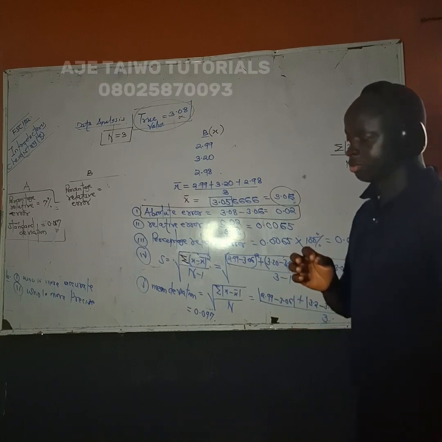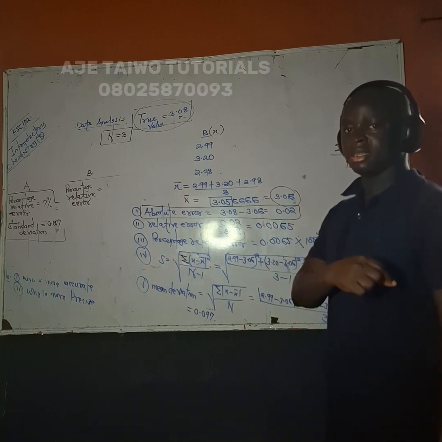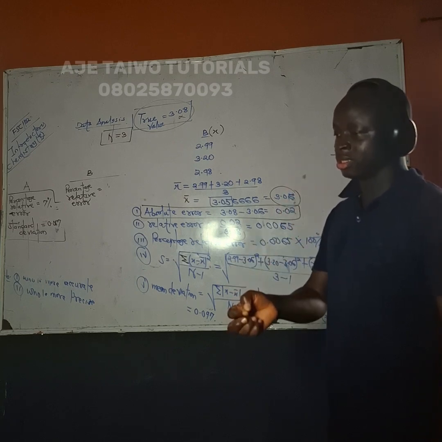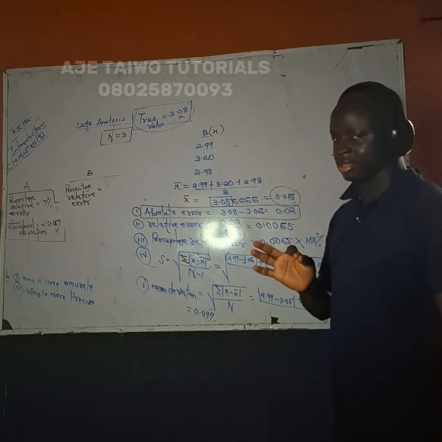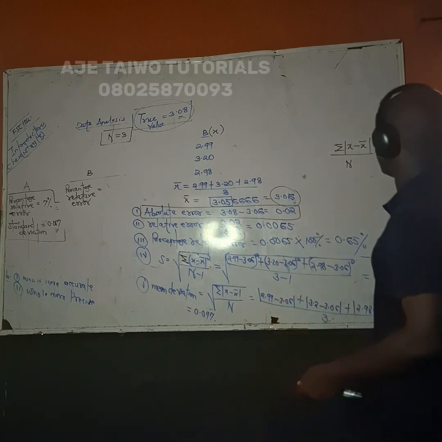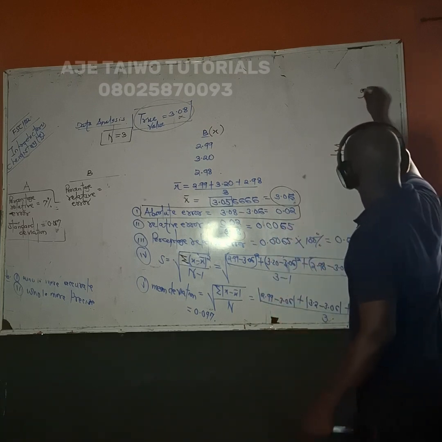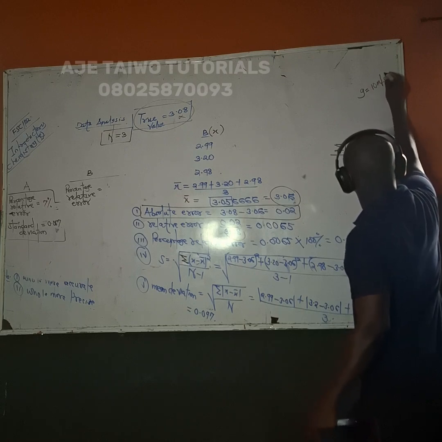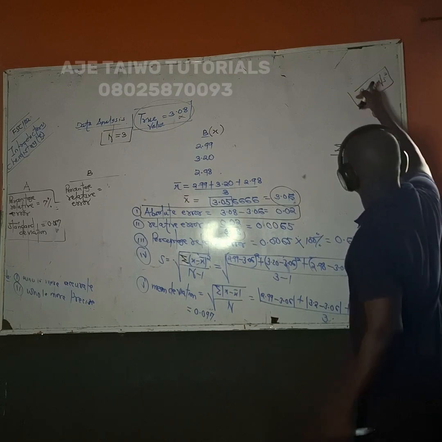That was why I told you precision is more important than accuracy. If you are in the lab, you have to find the value of g. The true value of g is 10 meters per second squared.